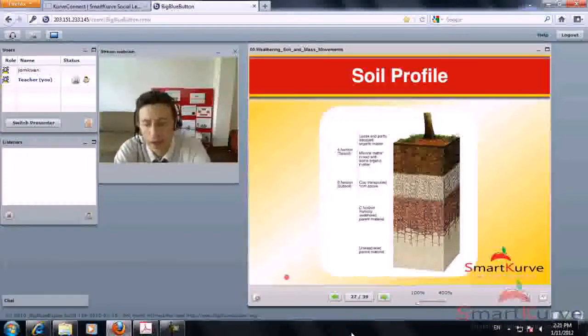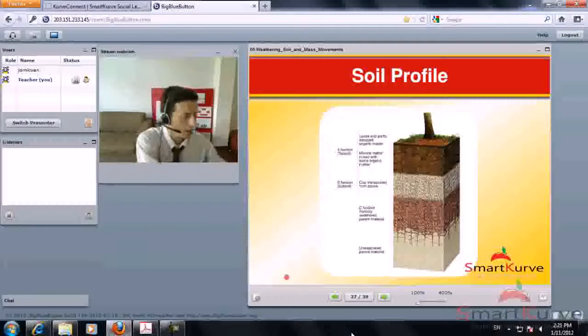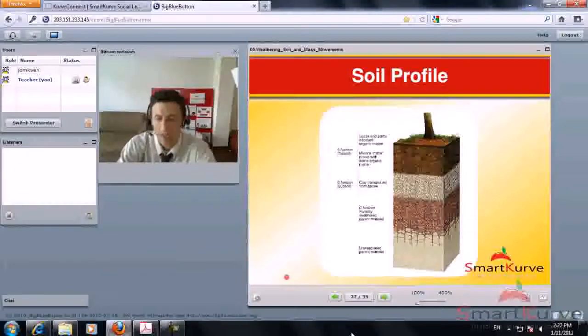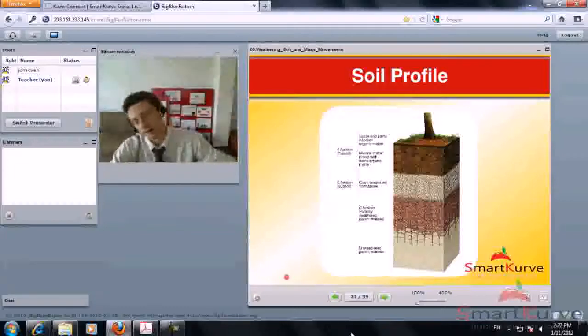Remember what we learned about weathering, all those different processes that can break down that rock. You can see down at the bottom that parent material, the bedrock, that gray rock at the bottom, is being broken down.